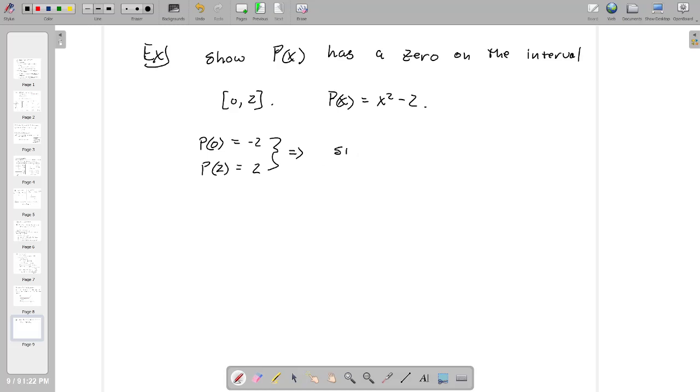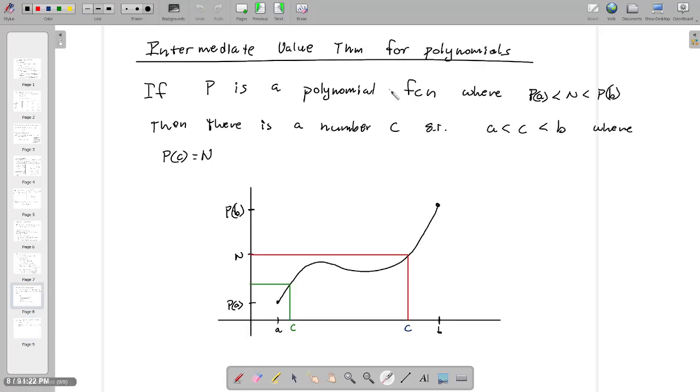So we say that since P of 0 is equal to negative 2, which is less than 0, and 0 is less than 2, which is equal to P of 2. So here what I'm saying is that your A is 0 and your B is 2, and 0 is between those two things. So we've met the condition here.